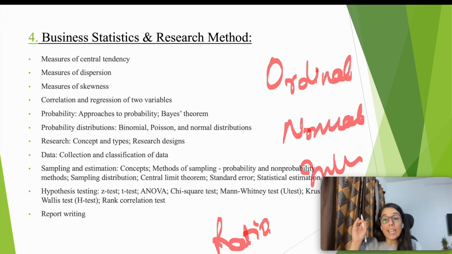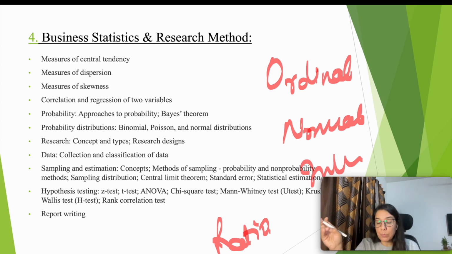It's very important. Then types of error, type 1 error, type 2 error, level of significance, power of test. All these questions they definitely ask you. Even the Z test and T test you should know: if the sample is less than 30, then you should apply the T test. If there is an unknown variance of the population, you should apply the T test. For a normal distribution you should apply the Z test.